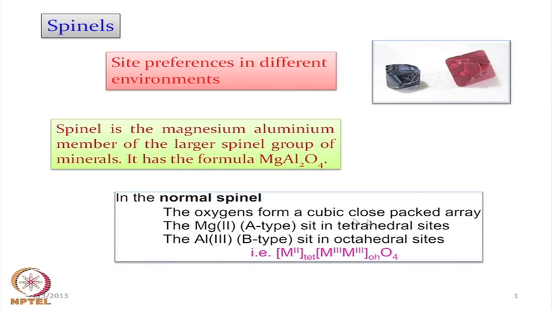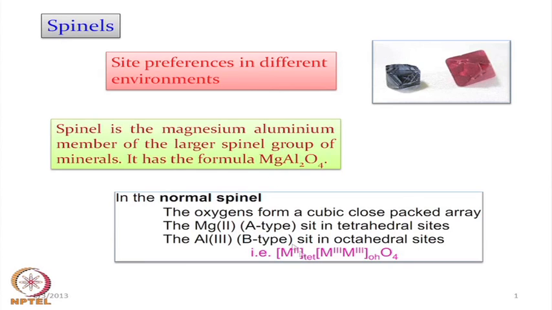What we have just now seen is that the close packing arrangement of these oxide anions can give rise to two different types of cavities, or sites, or holes, where we can put the corresponding positively charged cations. So, in this particular formula of the spinel, that means MgAl2O4, magnesium is present in tetrahedral sites, that means magnesium has 4 oxide anions in a tetrahedral arrangement.